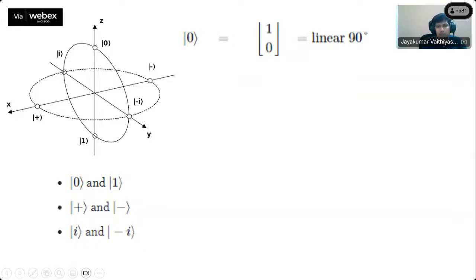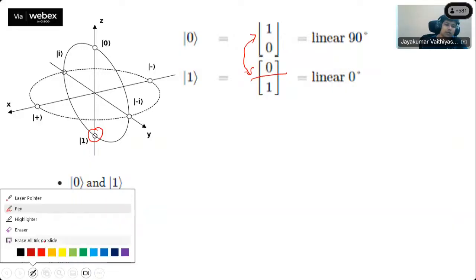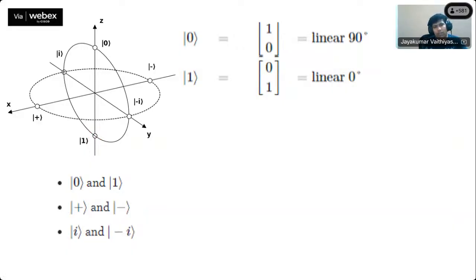If you understand this, you can understand state 1. State 1 exists at the south pole, so the lower part becomes 1 and the upper part becomes 0. These two are physically opposite in nature, so mathematically they are also opposite in pattern. If you try to understand maths through quantum, you will get more clarity.